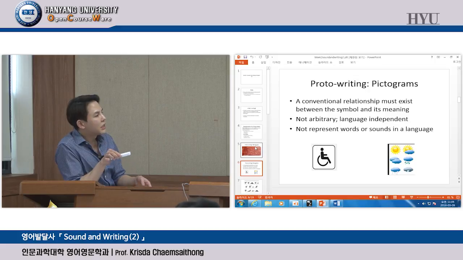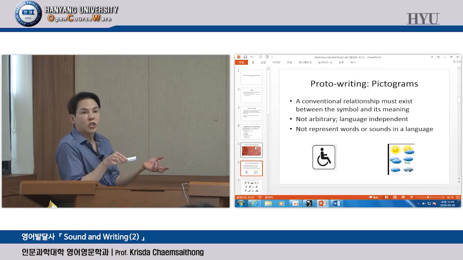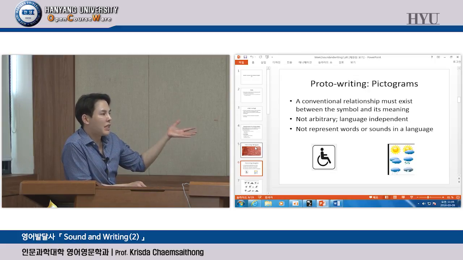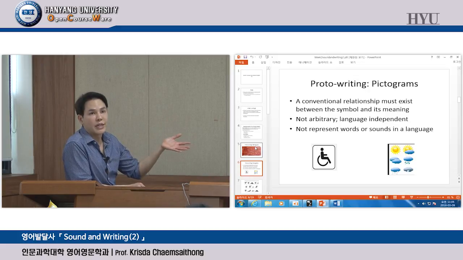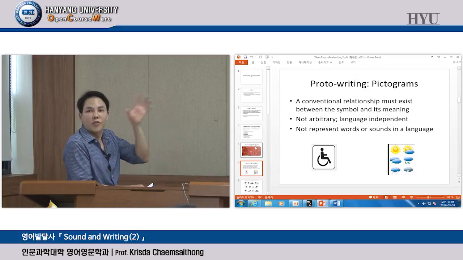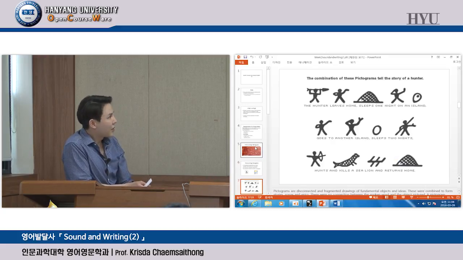And usually this is for non-literate cultures, right? Meaning groups that cannot write or read, okay? Because when you see this, you know exactly what it stands for, because it's meant to take an image of the real thing, the real object, right?